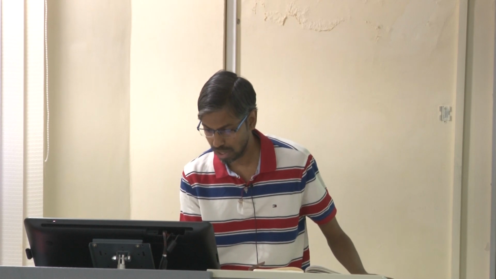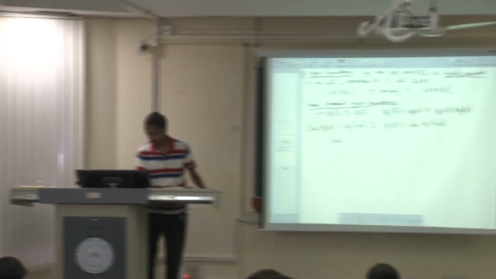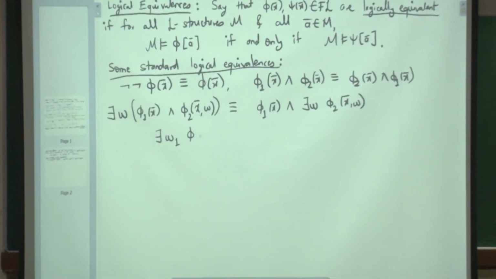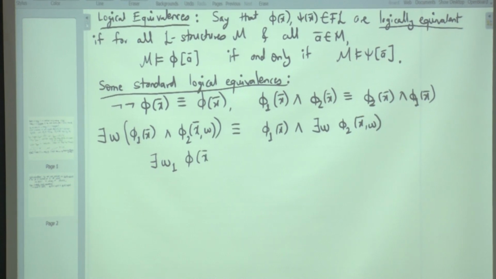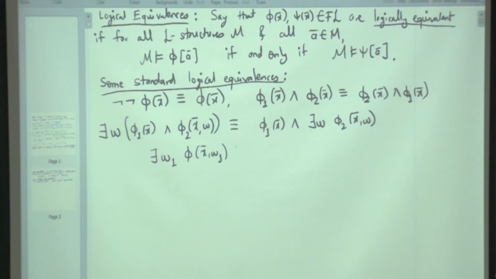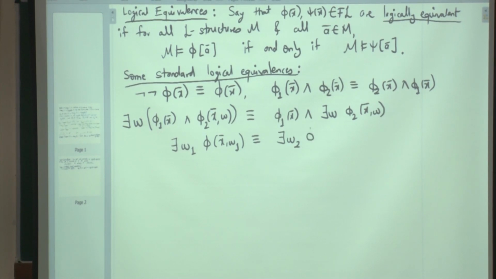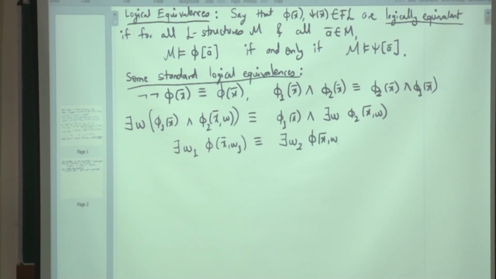Well, another thing which looks quite stupid, but is also important. Many times we need to do this. So for example, there exists w1, phi of x bar w1 is logically equivalent to there exists w2, phi of x bar w2.